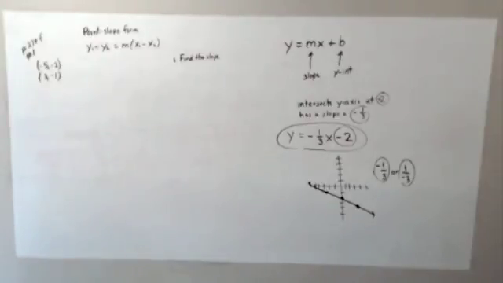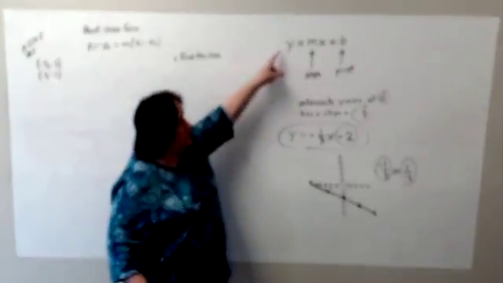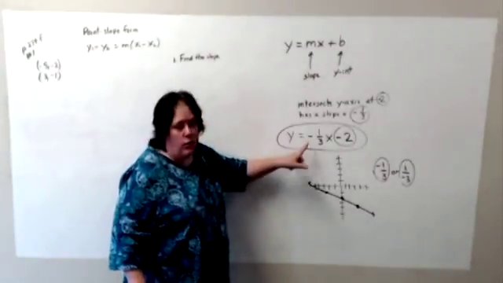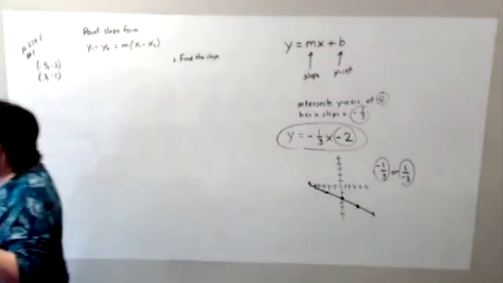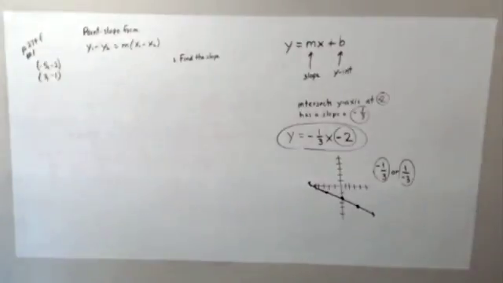Okay, so it gives us these 2 points. And it says write an equation. It would be in this form. It says write an equation for a line that contains these 2 points.